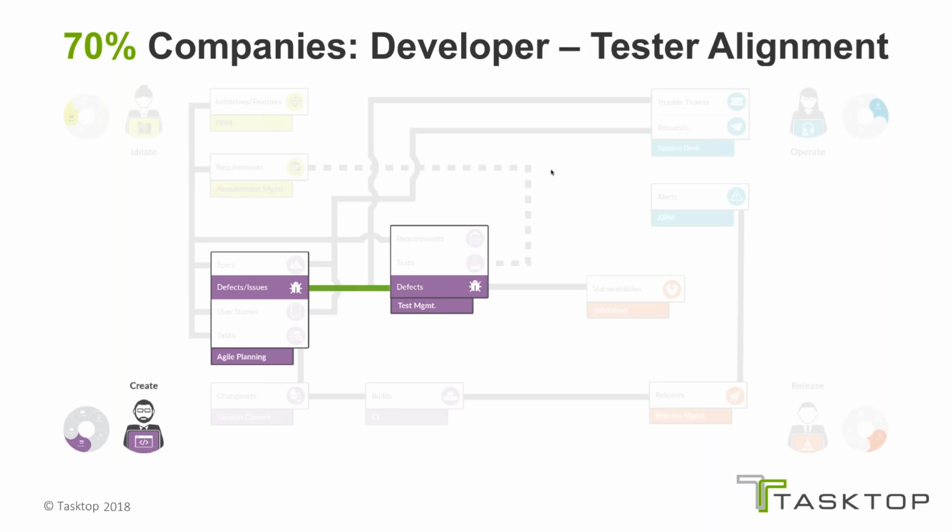The testing and QA team has their test management tools such as Micro Focus or HPE QC, while on the other side, developers are in their Agile planning tools such as Jira. Testers need to see these defects and their status to know when to test and when to retest them. If you were to connect these tools, you can just mirror those defects over into the test management tool, and the testers have visibility to the actual defects to test against.